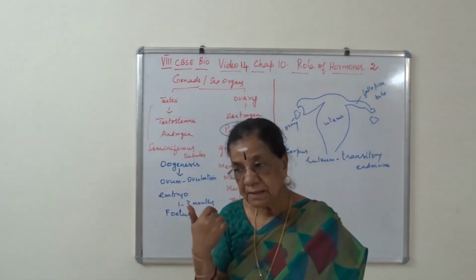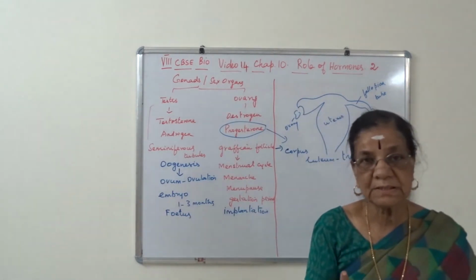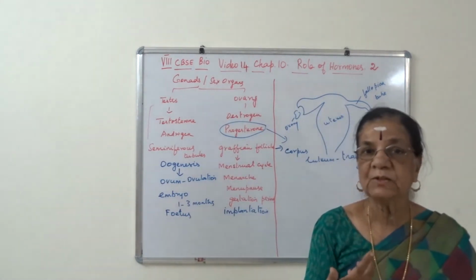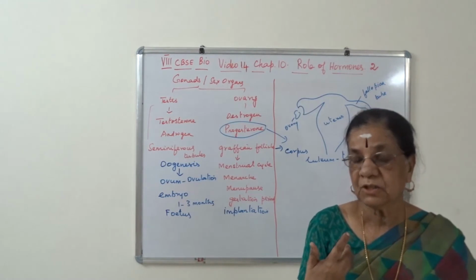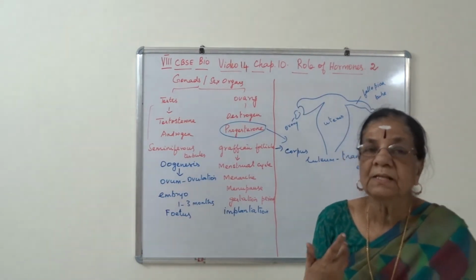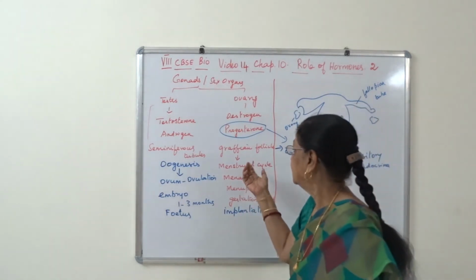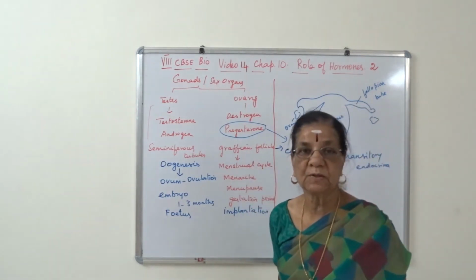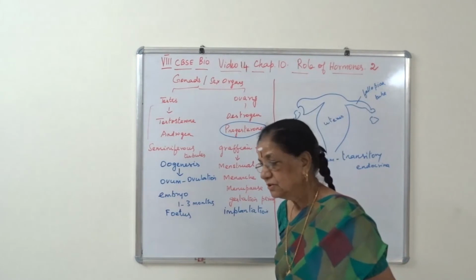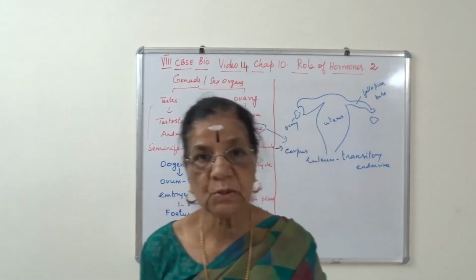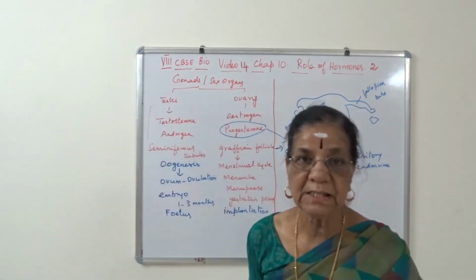And again, if it is not so, menstrual cycle happens, and for that also the uterus is preparing for receiving the fertilized egg by the action of progesterone. I hope you understand. So this progesterone is also known as pregnancy hormone.